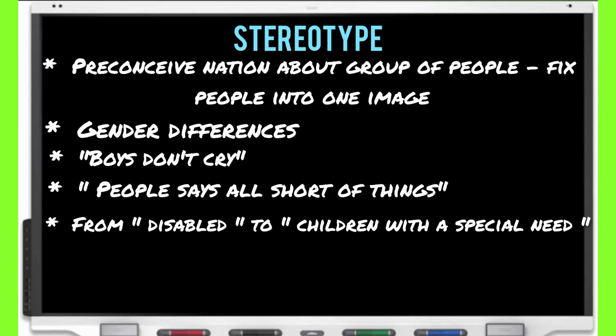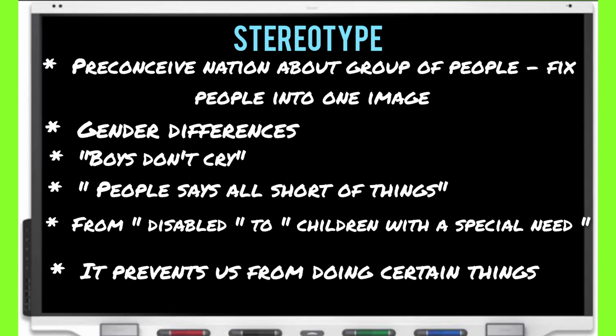The word disabled has now shifted to children with special needs, giving priority to them. So now we use children with special needs, and there are certain things which prevent them from doing this. Discrimination that has been created is primarily due to stereotypes.